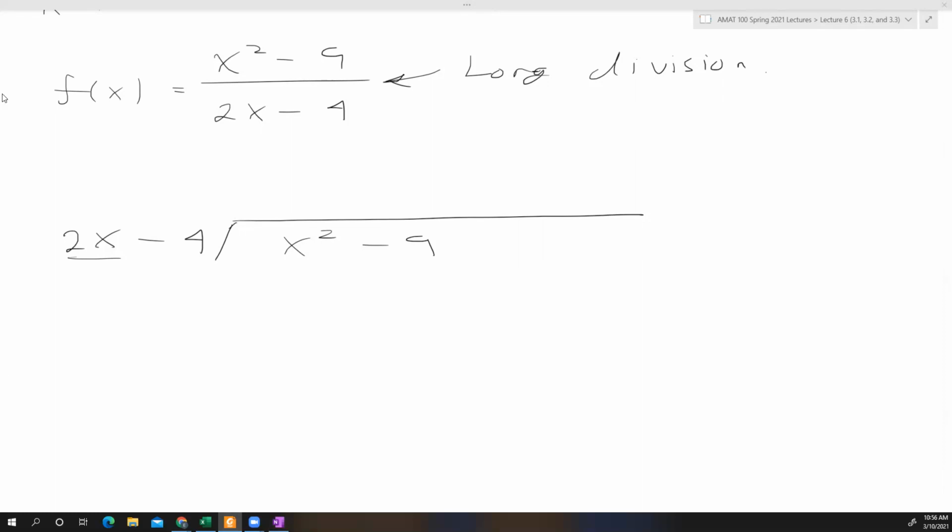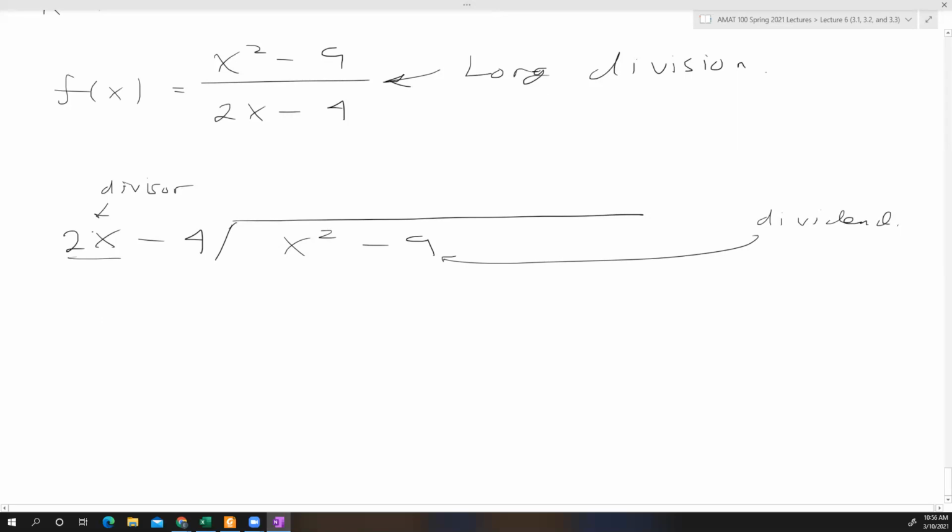So this is the divisor. The 2x minus 4 is the divisor. And x squared minus 9 is the dividend. This is the thing that's getting divided up by this.